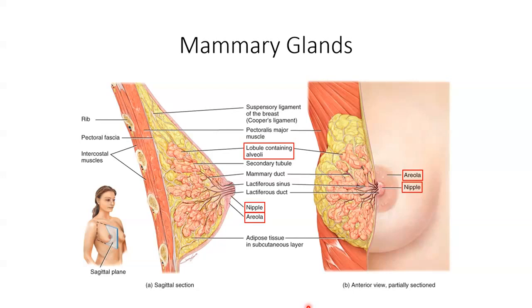And it's contractions of cells surrounding the alveoli which actually help propel the milk towards the nipples to expel the milk during breastfeeding. So the function of the mammary glands are the synthesis or production, the secretion and ejection of milk. These functions collectively are called lactation, and they're only present during pregnancy and childbirth and that postpartum period.